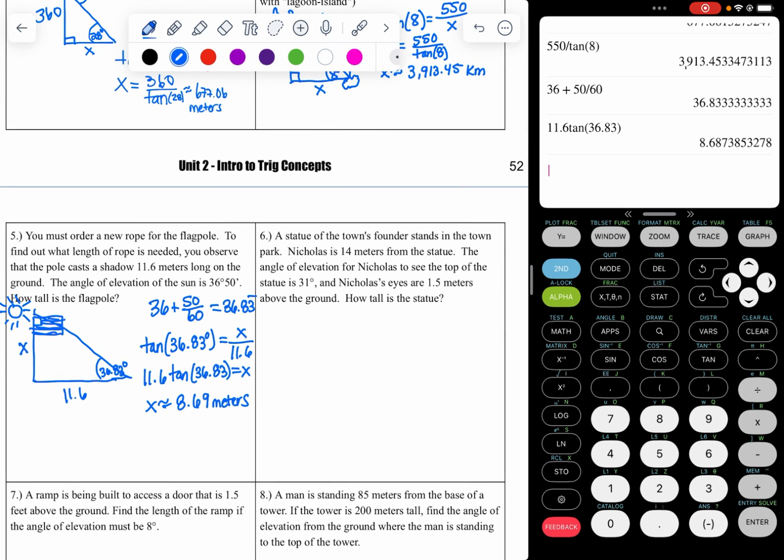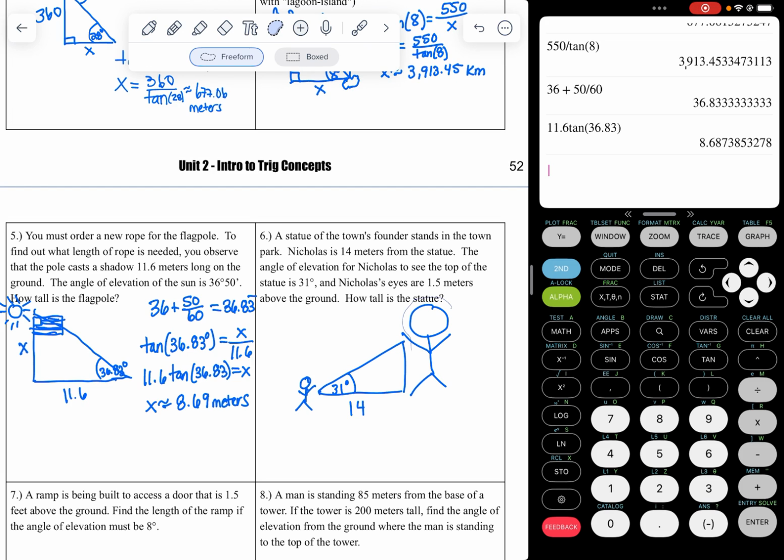All right, number 6, a statue of the town's founder stands in the town park. Nicholas is 14 meters from the statue. So here's Nicholas, he's 14 meters from the statue. The angle of elevation for Nicholas to see the top of the statue is 31 degrees. So here's this big statue.